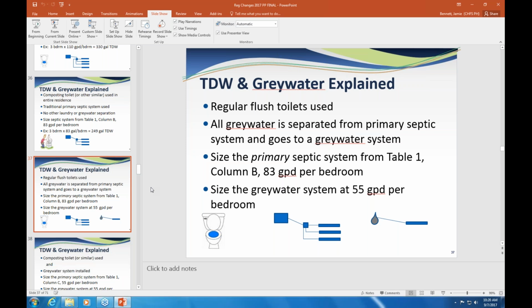The gray water system is going to be sized at 55 gallons per day per bedroom. You'll notice that the 83 for the primary and the 55 for the gray water together actually adds up to more than 110 gallons per bedroom per day. So they're actually going to have to install a little more, but that's a safety factor built in since it's a new way of doing things.